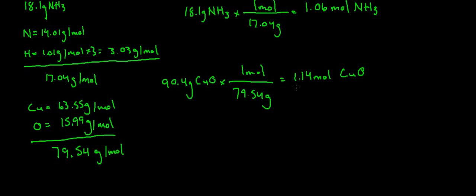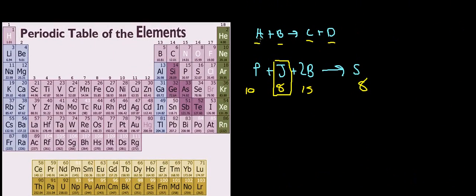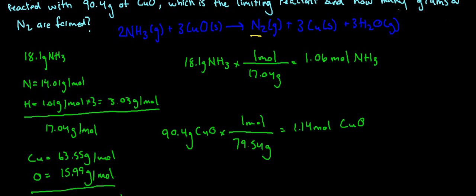If this was an example like the generic equation I gave earlier, where 1 mole of A reacts with 1 mole of B to give C and D, where these react in a 1-to-1 manner, in this equation they do not react 1-to-1. 2 NH3s are required for 3 copper oxides. So if I had an equal amount of NH3 and copper oxide, supposing I had, say, 10 moles and 10 moles, copper would be my limiting reactant because it requires 3 for every 2 of NH3, so this would run out first.